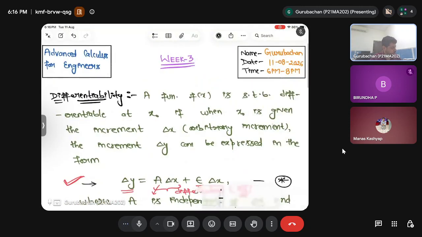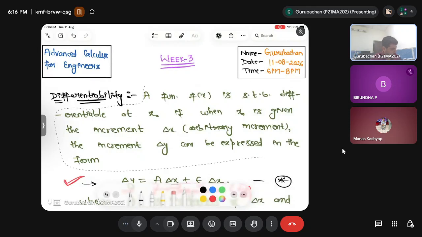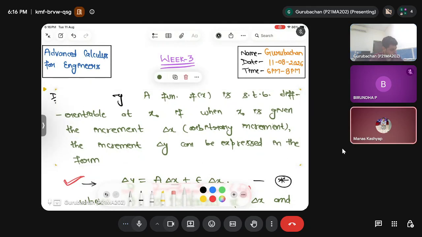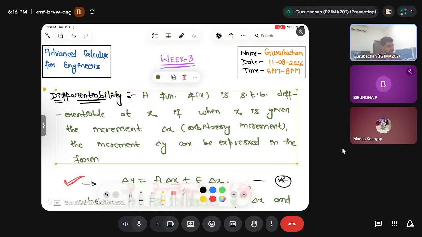So here it was differentiability of one variable. With this equation star, can anybody tell me what is the meaning of differentiability of two variables? I mean, how will it change, how will it affect the equation?